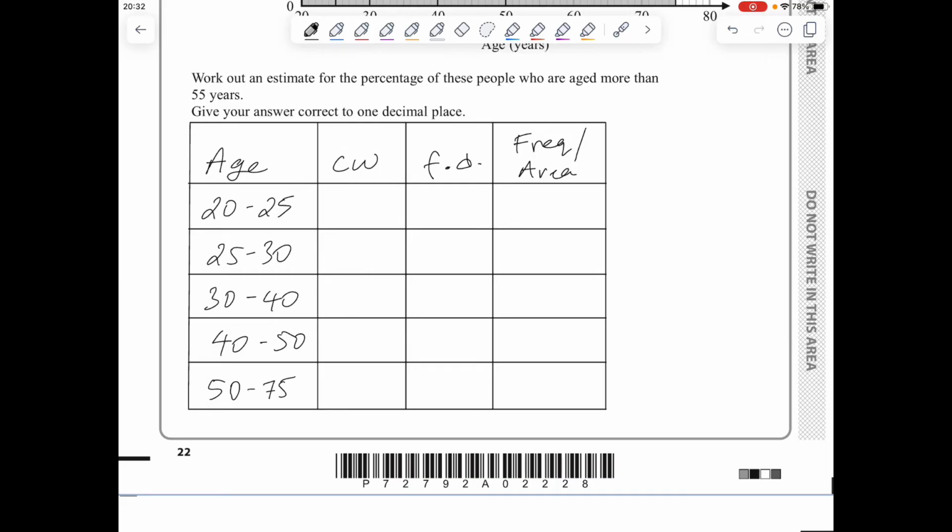To find the area, I'll need to multiply the width of each bar times the height. Now the widths, the class widths, are the difference between the lower and upper bound of each category. So for the first one, 20 to 25 is equal to 5. Similarly, 5, 10, 10, and 25.